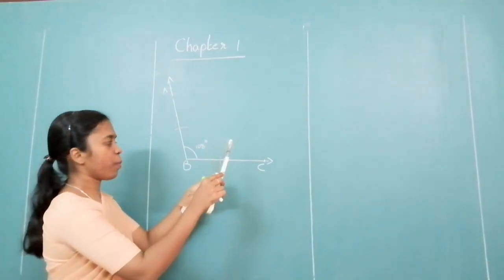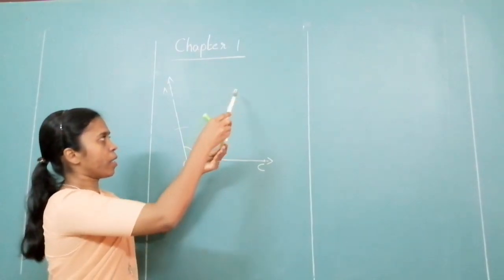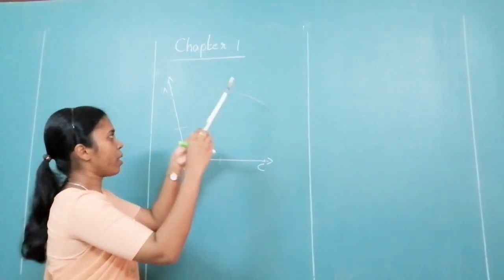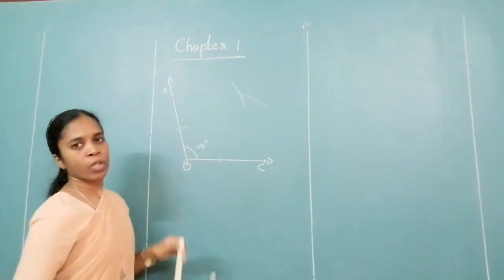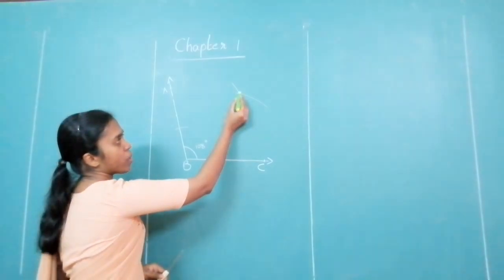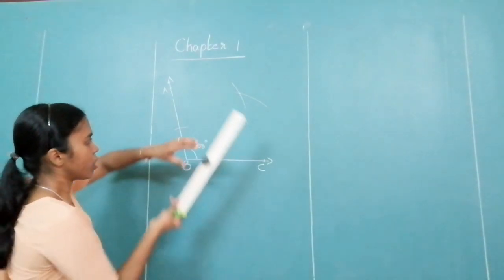Okay. Now keep on that marked point and then you draw another arc. Can you see that point of intersection over here? Okay. Now from that point you join to the vertex.